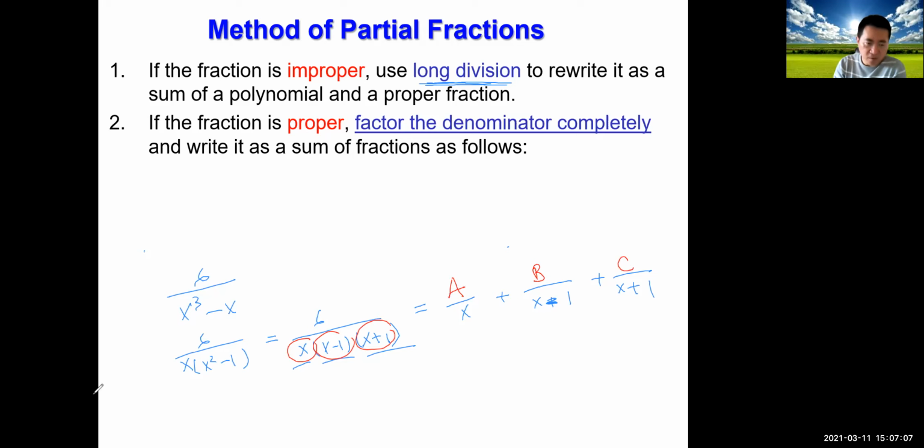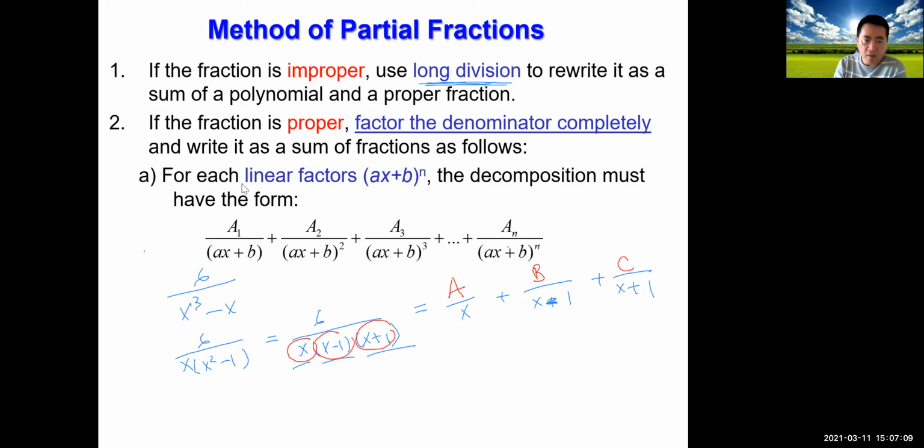So the first thing is, for each linear factor of the form ax plus b to the n, the decomposition must have the form one. Now here is a bit more complicated than what I've just written down.